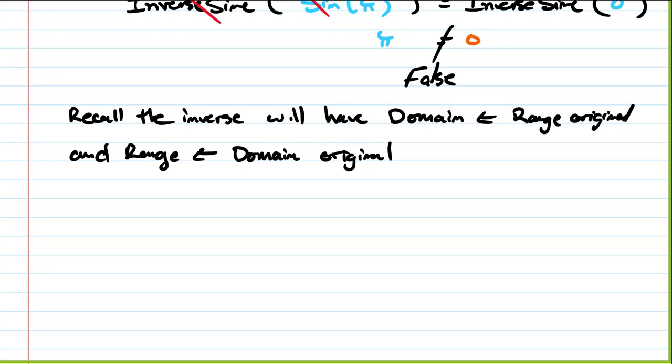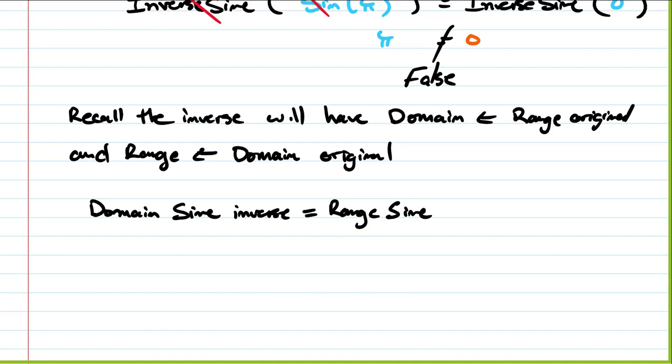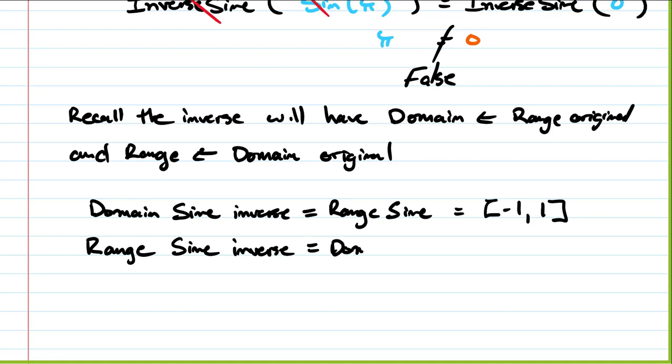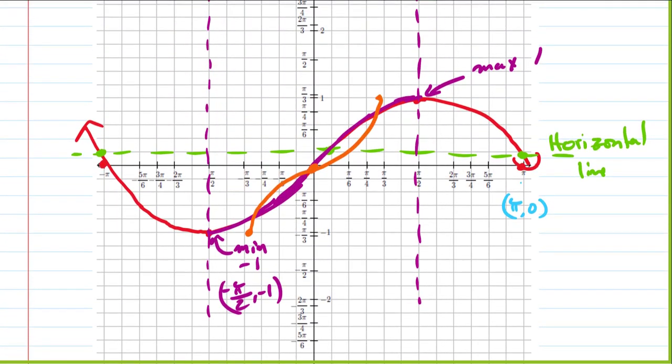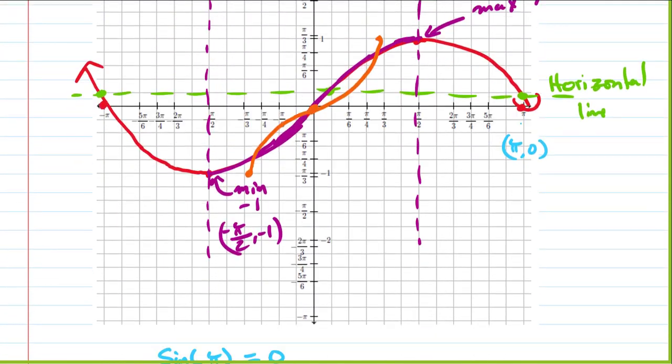So then that would give us that the domain of sine inverse equals the range of sine, which is the set negative 1 to 1, and the range of sine inverse is going to be equal to the domain of sine, which our restricted domain in purple went from negative pi over 2 to positive pi over 2.